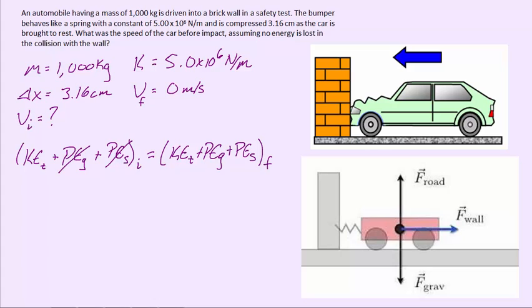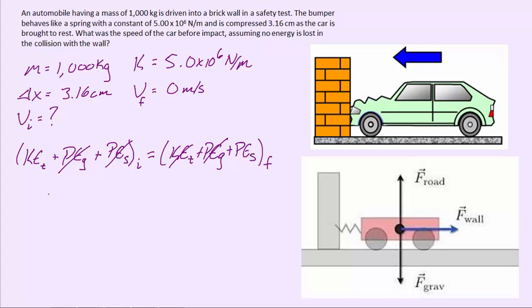After our collision, it states that our final velocity is equal to 0, therefore there will be no kinetic energy. And once again, the car is traveling in the x direction, so there will be no potential energy due to gravity. And at impact, the spring is compressed, so we'll have elastic potential energy.